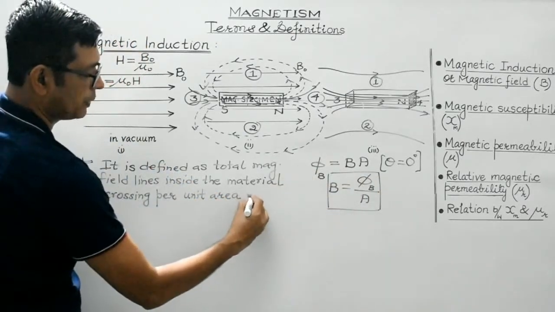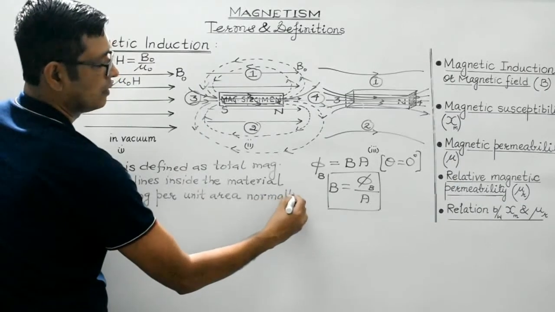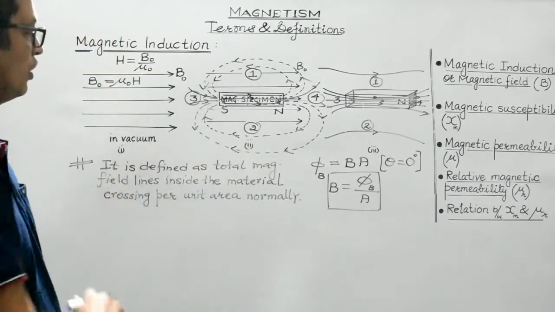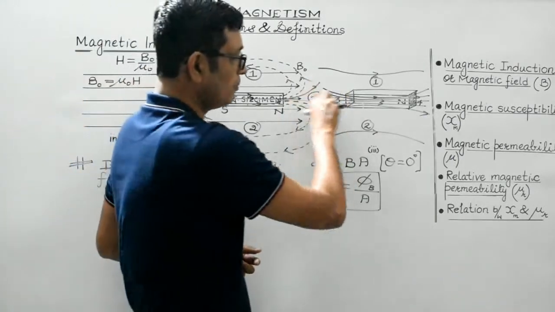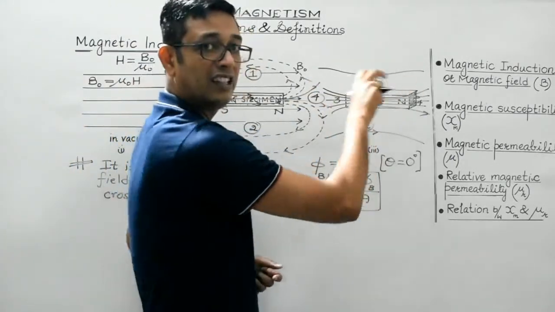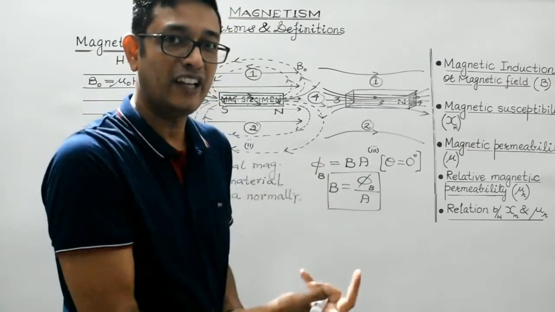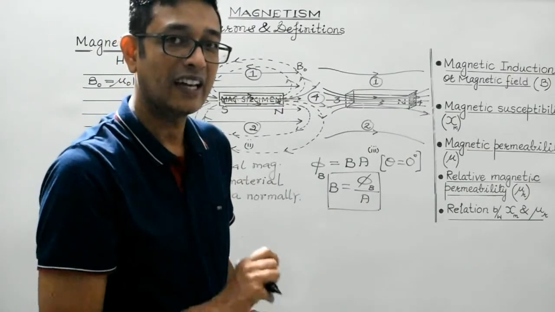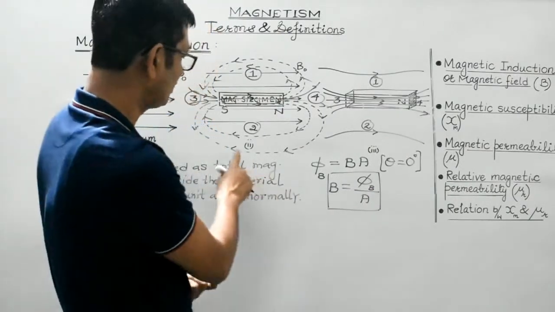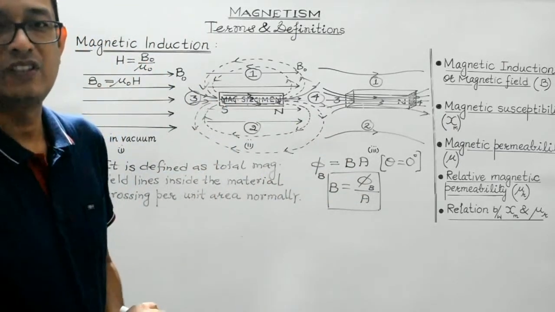Normally, that is perpendicularly. So this is one of the definitions of magnetic induction, right? So the total number of field lines inside the material of the specimen crossing per unit area normally through it gives the measure of the magnetic induction. You can remember this theoretical statement with the help of this mathematical expression. Clear, students?